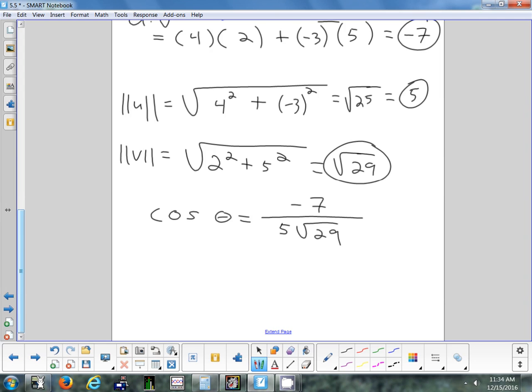So I've got cosine theta. How do I get rid of cosine? Take the inverse cosine of what's on the left, and take the inverse cosine of everything that's on the right. Type that into the calculator, and then you'll have your answer for the angle between the two vectors.